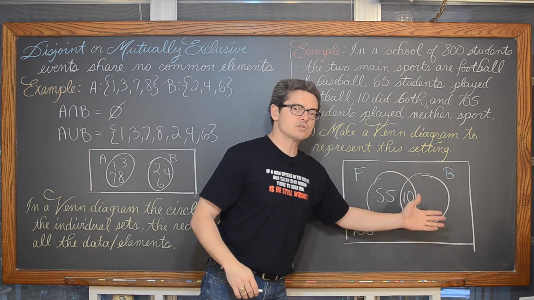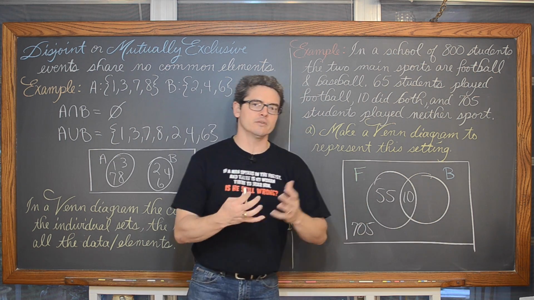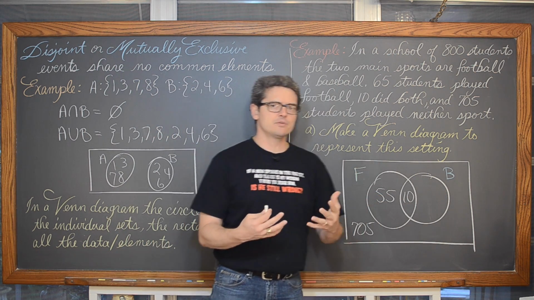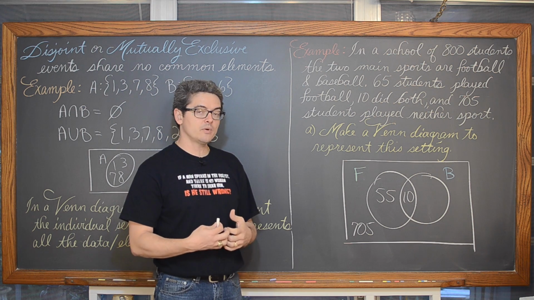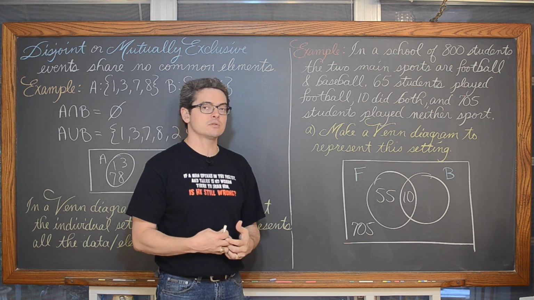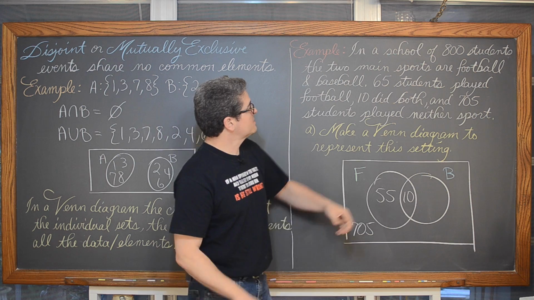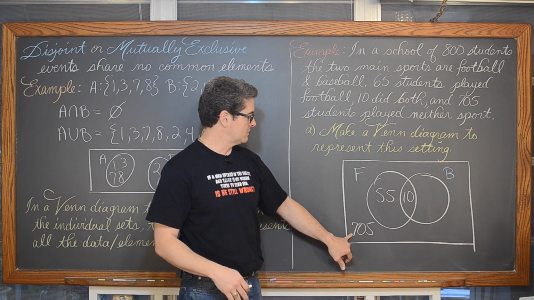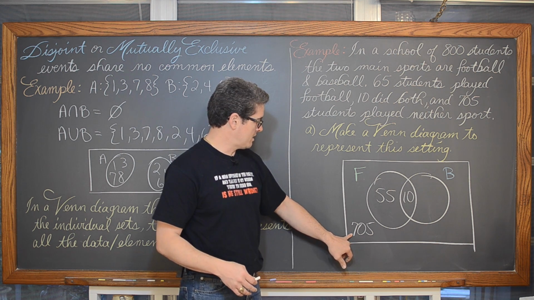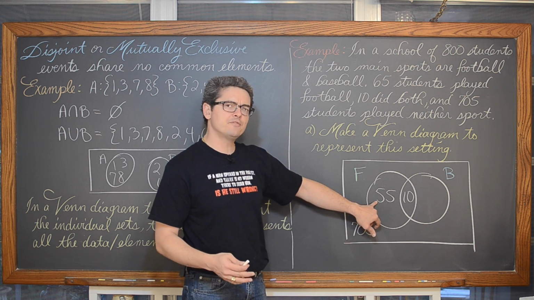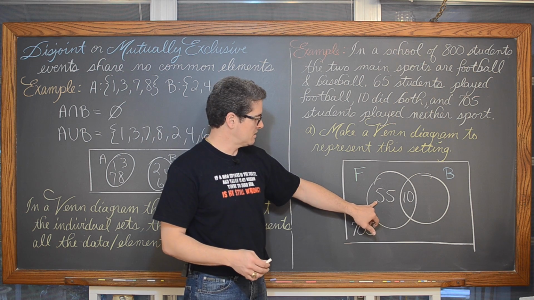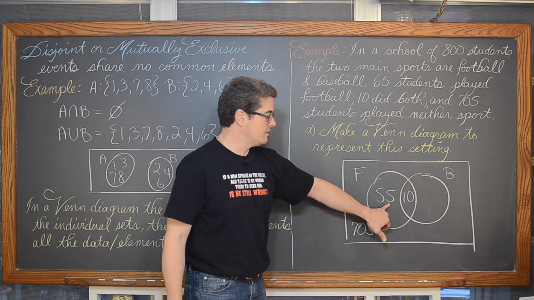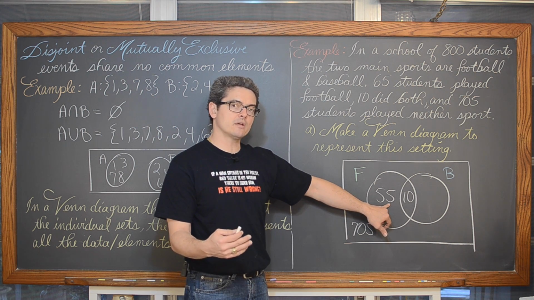I've put as much information as given in this Venn diagram, and I still have a portion of it that's not labeled. Well, all of these numbers have to be accounted for, and we need to ultimately have 800 students in the school. So we've got 800 minus 700 is going to be 100, and 100 take away 50 is going to be down to 50. 50 take away 10 is going to bring us down to 40. 40 take away 5 is going to bring us down to 35.